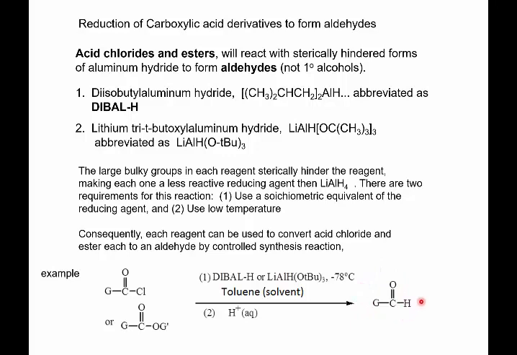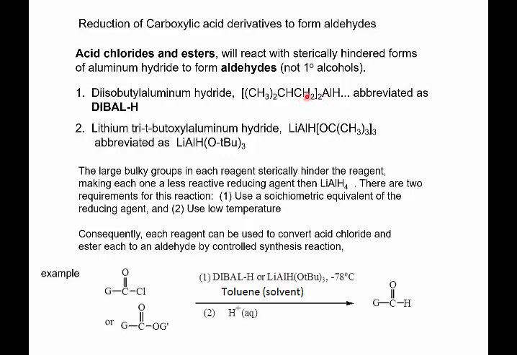So, what's happening? Well, I'm going to explain, but there's a number of factors that come into play. One of the main ones is that these designer reducing agents, if you examine them, have large, bulky groups attached to the aluminum. They basically have sterically hindering groups.